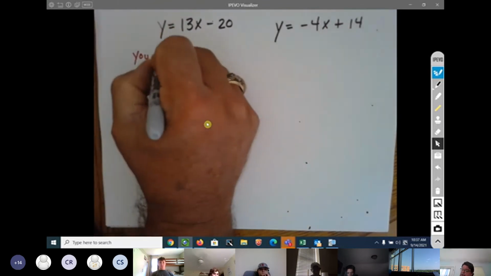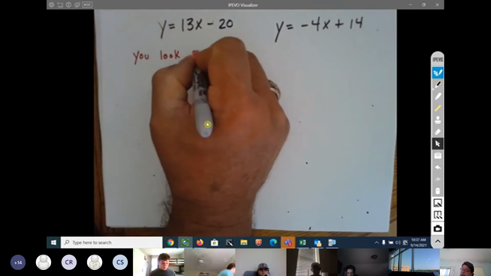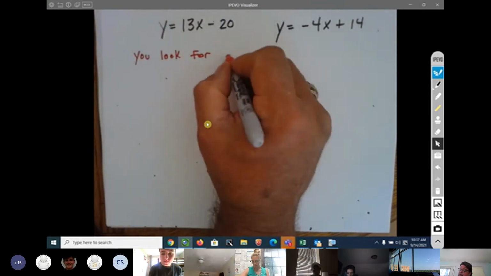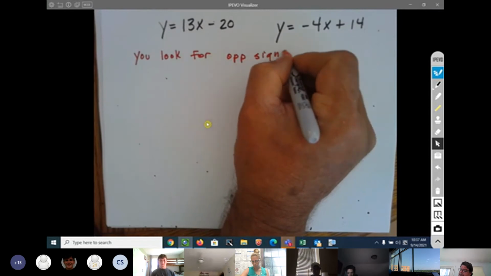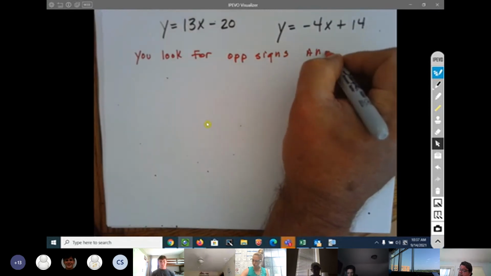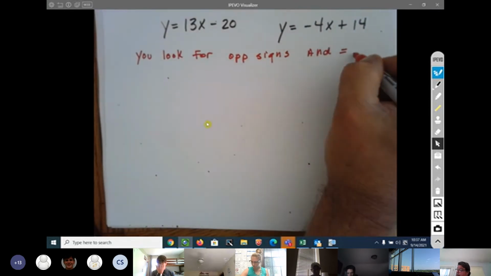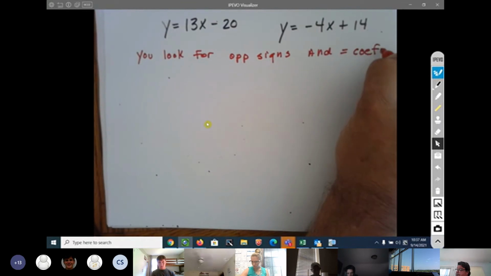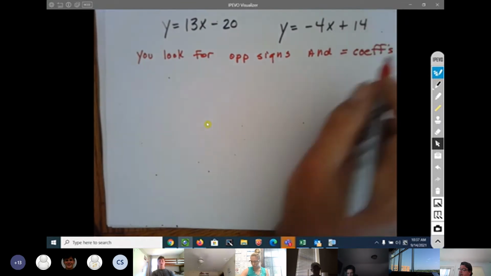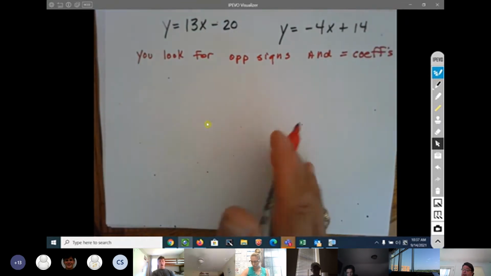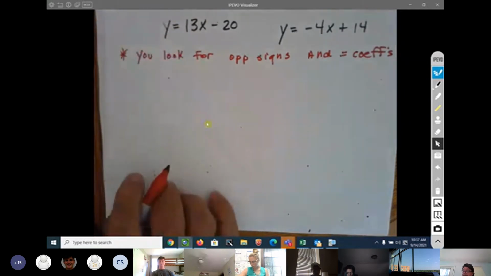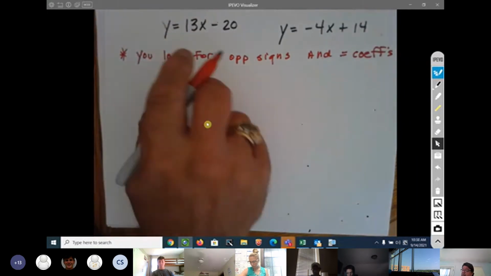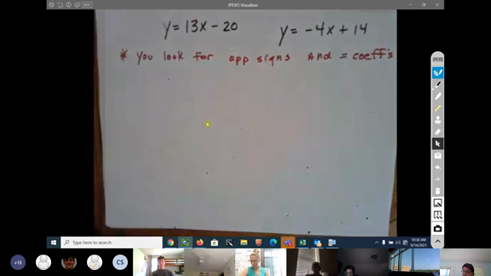You look for opposite signs and equal coefficients. All right, so that's what you look for. That's your indicator. This one really don't have either, so you're going to have to work with it.